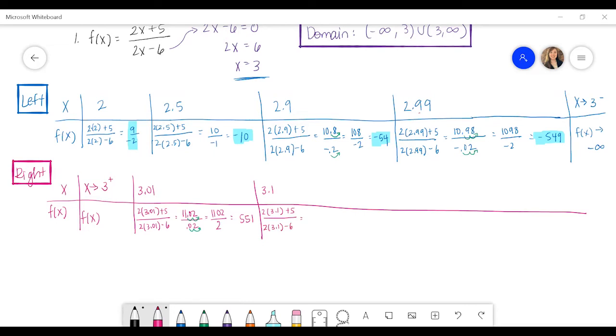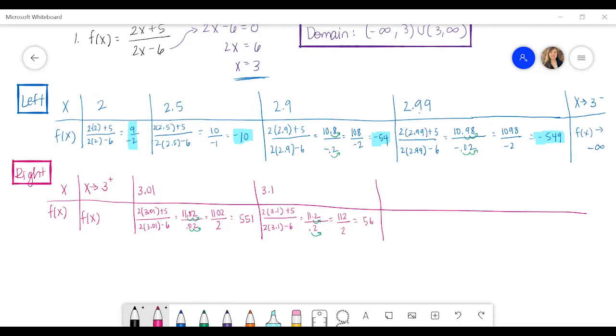Again, keeping in pattern, 3.1, so 2 times 3.1 plus 5, over 2 times 3.1 minus 6. That's 6.2, so 11.2 divided by 6.2 minus 6 would just be 0.2. Again, move your decimals, this time only 1 place over, and we're left with 112 divided by 2, 56.